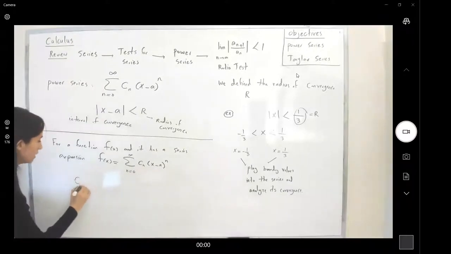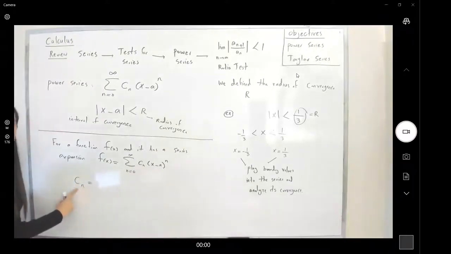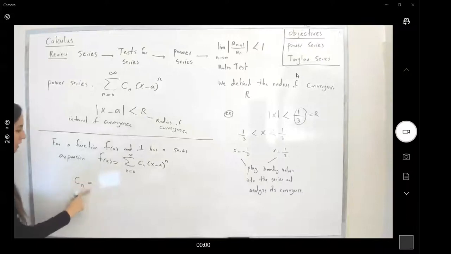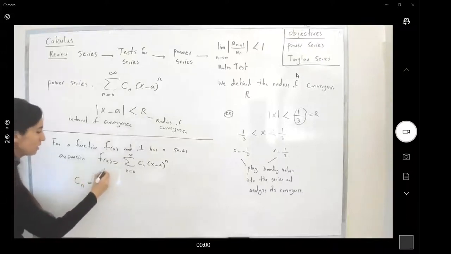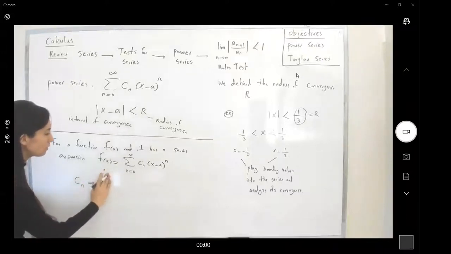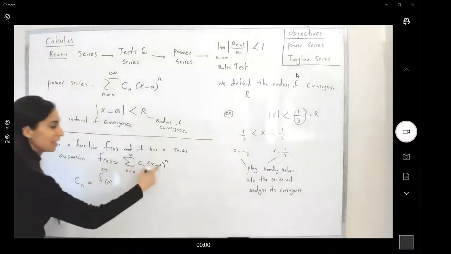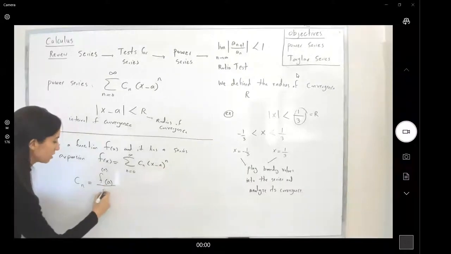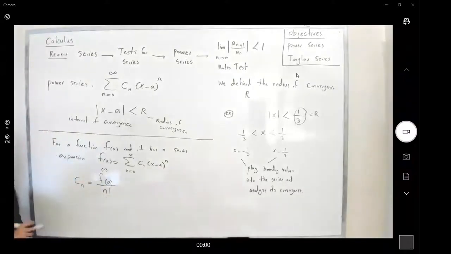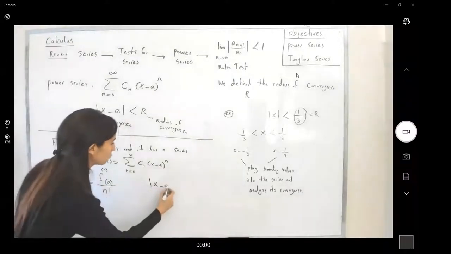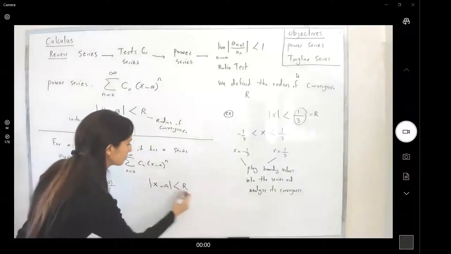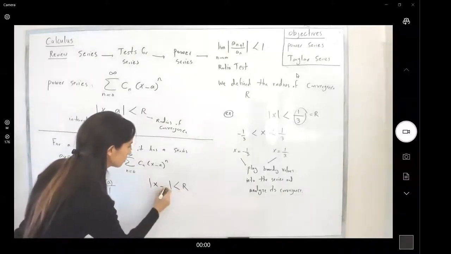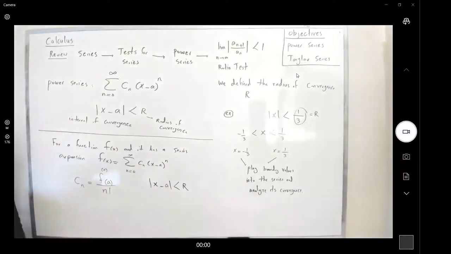So Cn, all these coefficients, can be written as the nth derivative of the function evaluated at a, the center a, divided by n factorial. And remember that we have to include the interval of convergence as well.